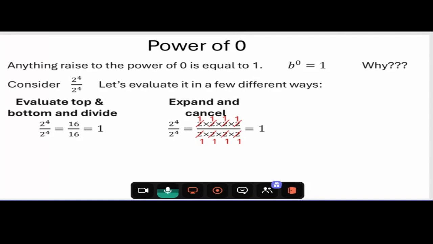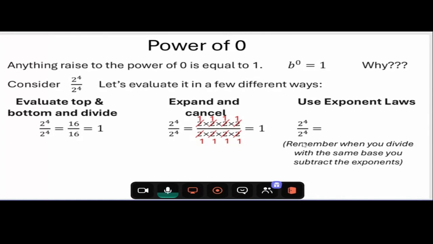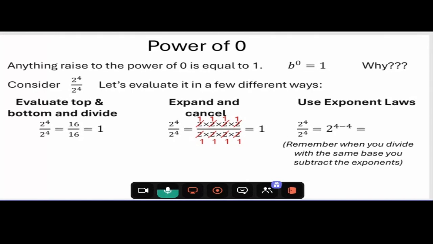Now let's look at a third one using exponent laws. 2 to the power of 4 divided by 2 to the power of 4. We saw last time that when you divide with the same base, you subtract the exponents. So that is 2 to the power of 4 minus 4. And of course, 4 minus 4 is 0.